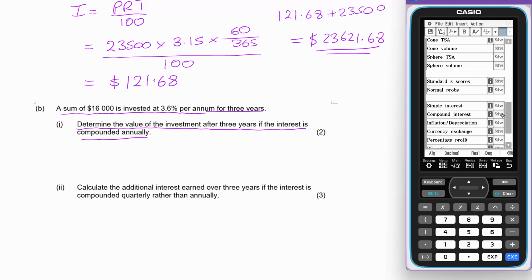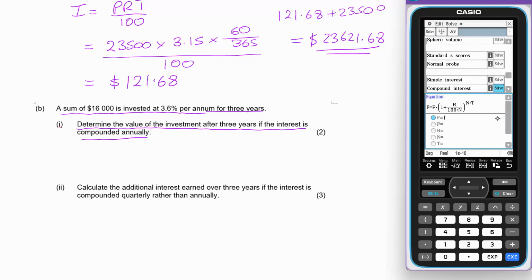So I've got compound interest, e-activity, and we know that the P is 16,000 here. We know that the rate is 3.6. It's compounded annually. That means n is equal to 1 once per year. And the T is 3.